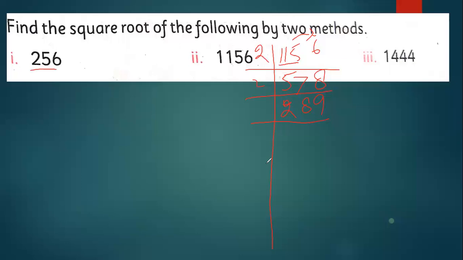Now what is the suitable one for 289? Can you do it by 2? No. By 3?